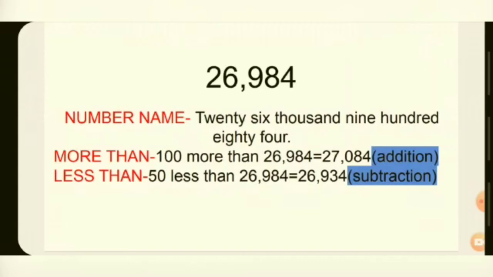More than is addition. Less than, 50 less than 26,984 is 26,934. That is, we are subtracting 50. So more than is addition and less than is subtraction.